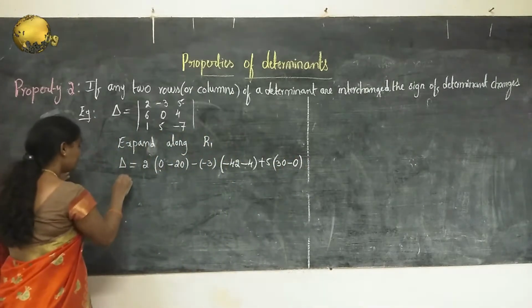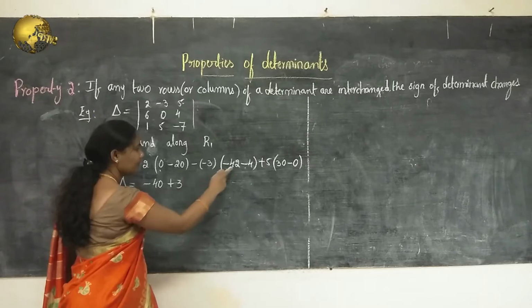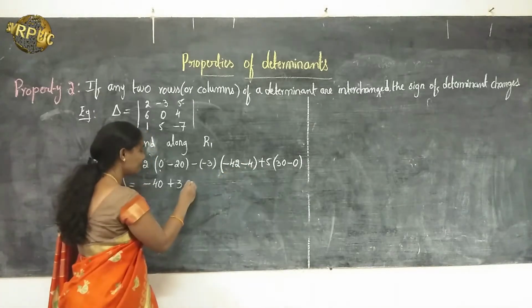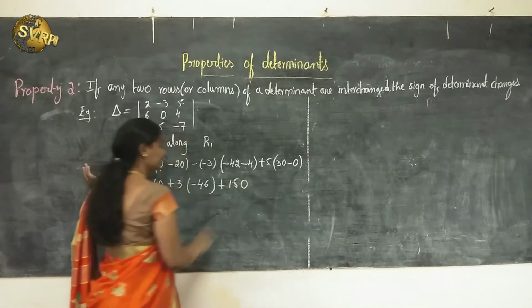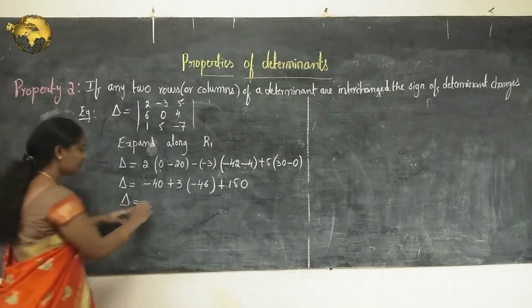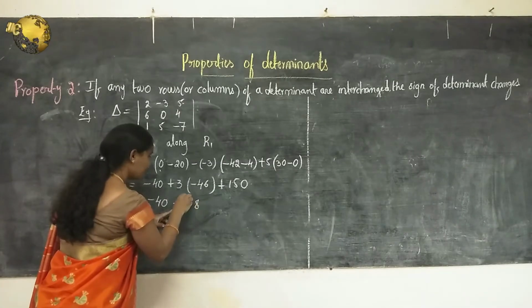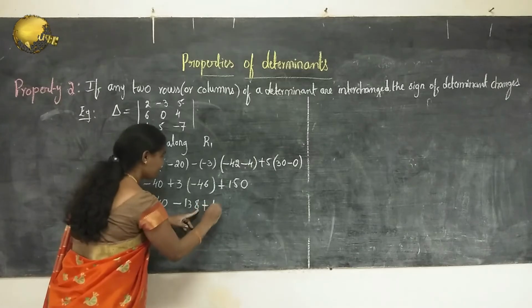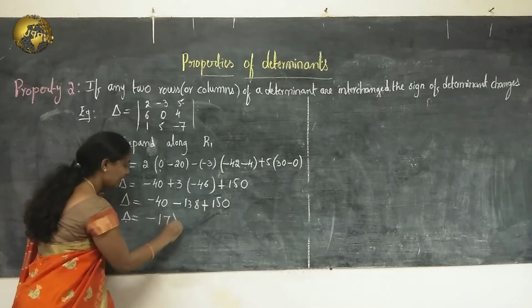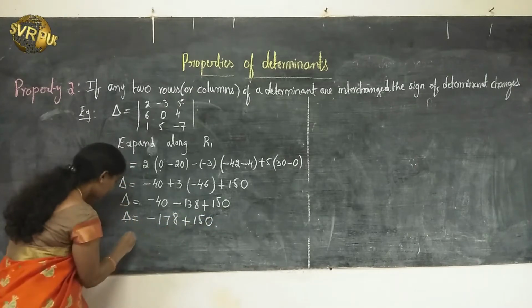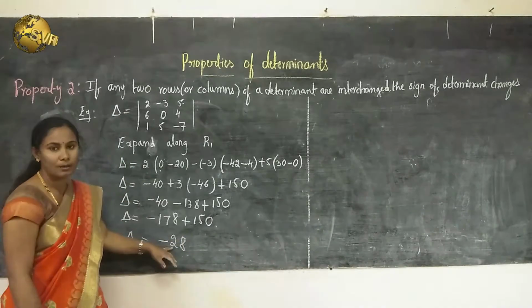Okay, so delta is equal to minus 40, minus into minus plus 3 into 42 minus 4, minus 42 minus 4 is minus 46, plus 150. Okay, so delta is equal to minus 40 minus 138 plus 150. So again delta is equal to minus 178 plus 150. So it is minus 28. So we get the value for delta as minus 28.